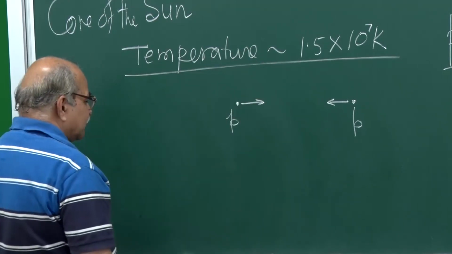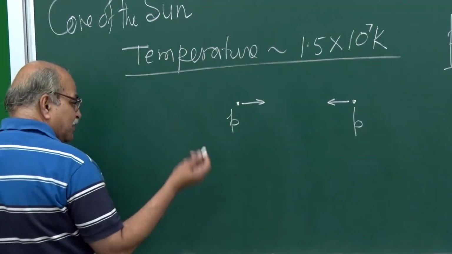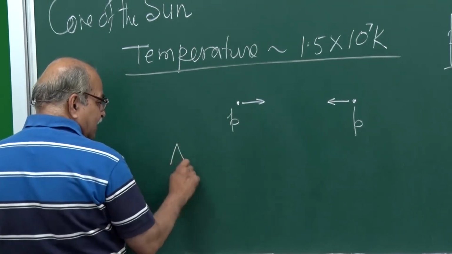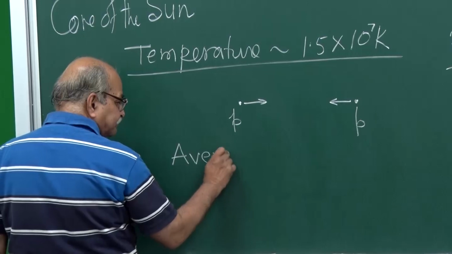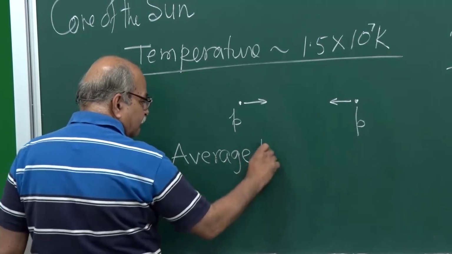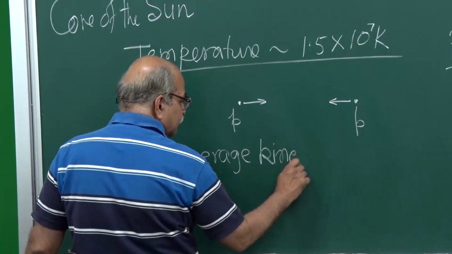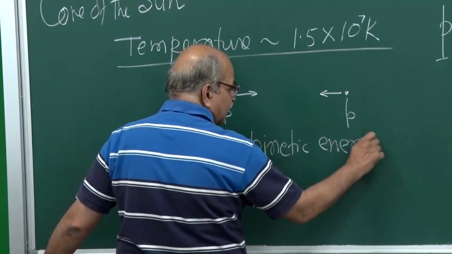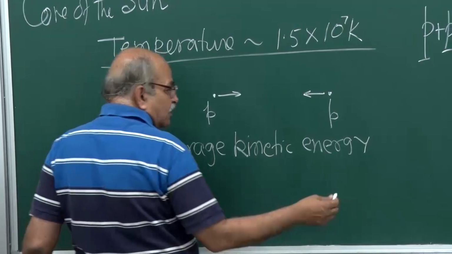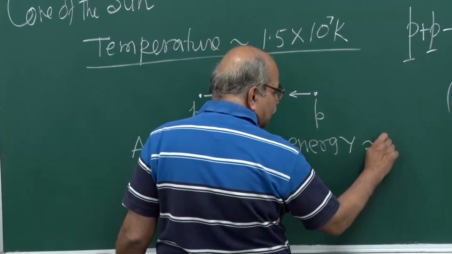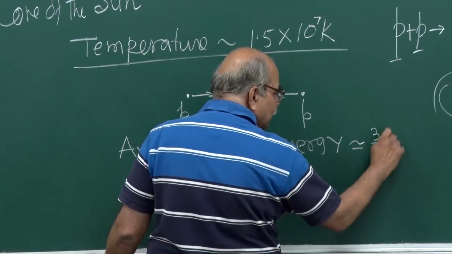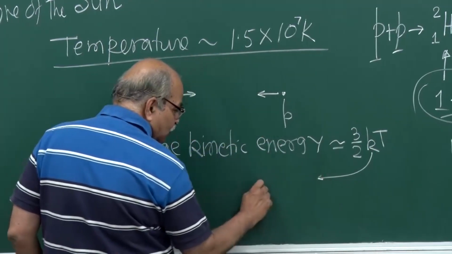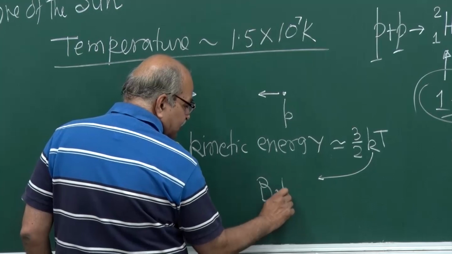So for that you must be knowing from kinetic theory of gases that the average kinetic energy of a gas molecule is of the order 3/2 kT. This k is called the Boltzmann constant.